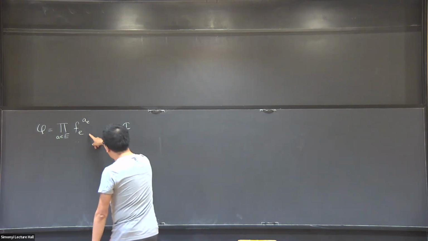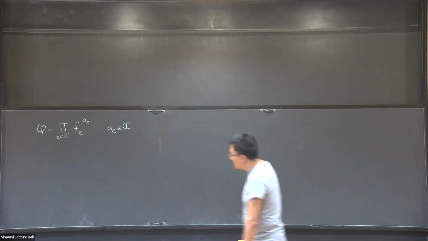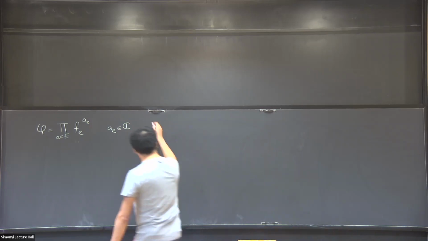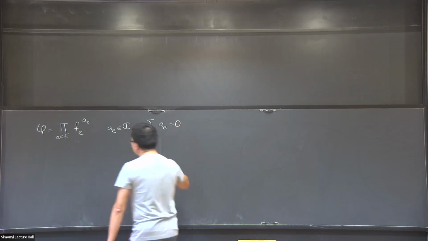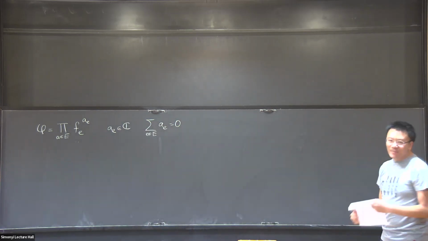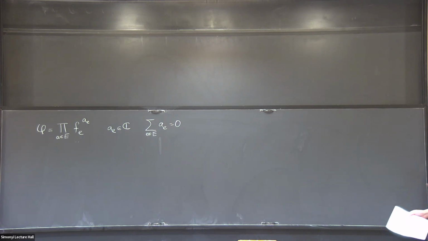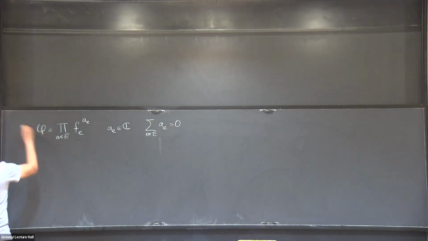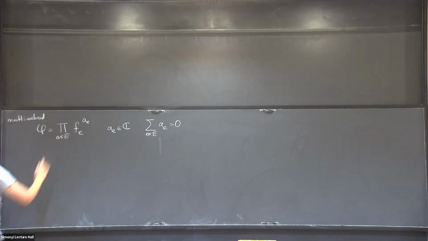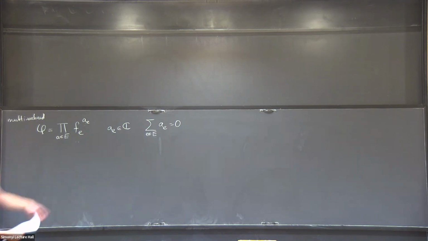For this to be a well-defined rational function on projective space, we need this condition. Otherwise it's multi-valued. So if these exponents are integers satisfying this condition, then it's a well-defined rational function on projective space. For complex exponents, it'll be a multi-valued function.